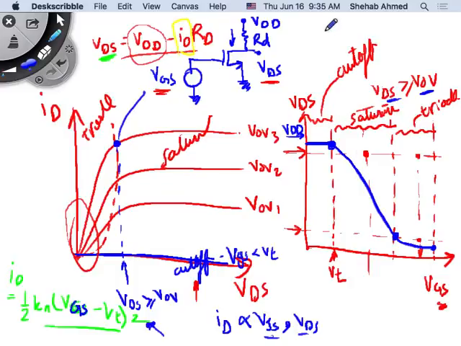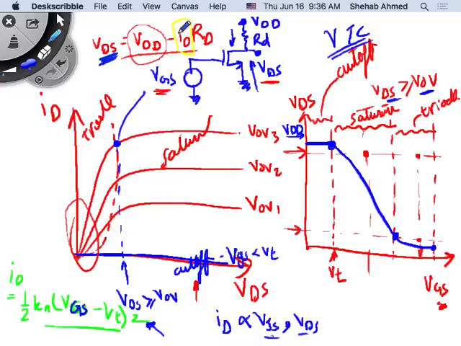So this is called my voltage transfer characteristic. And it defines the relationship between VDS and VGS. Where did I get VGS? I took this out. This relationship governs this circuit. VDD minus ID times RD is equal to VDS. That's my output that I want.